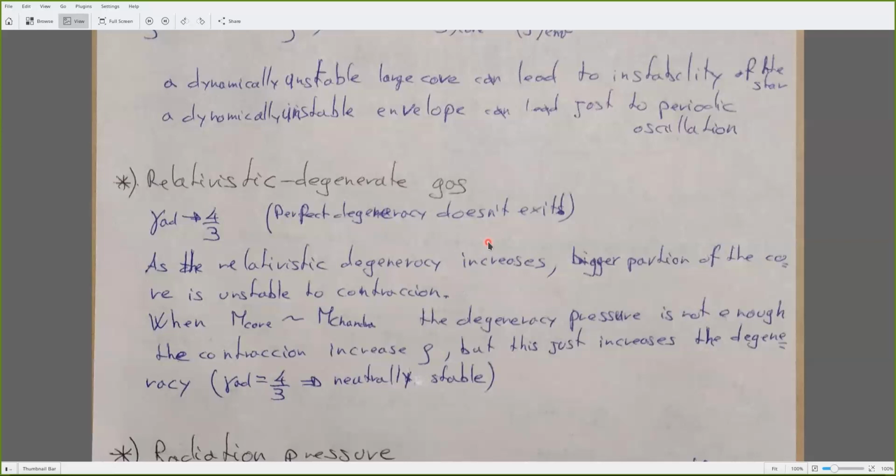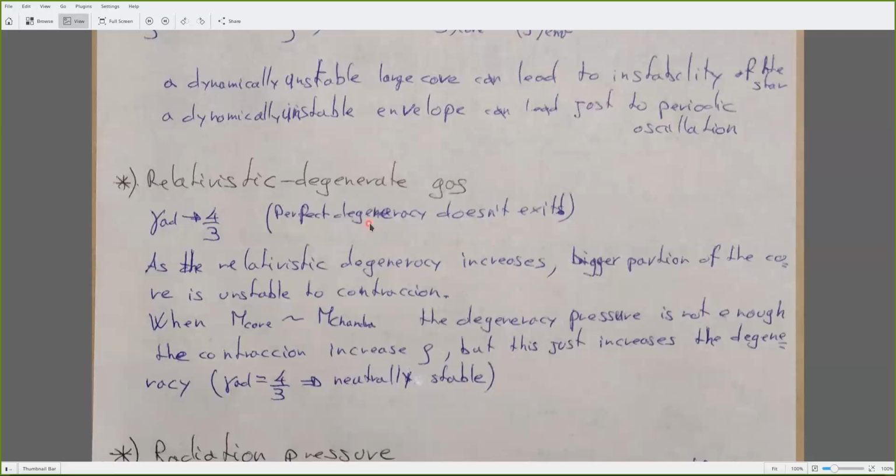If it were independent of temperature, the temperature would just increase with the reaction, and there would be complete runaway. There is always a small dependence on the temperature, so the increase in pressure causes expansion, which then permits the core to rearrange.